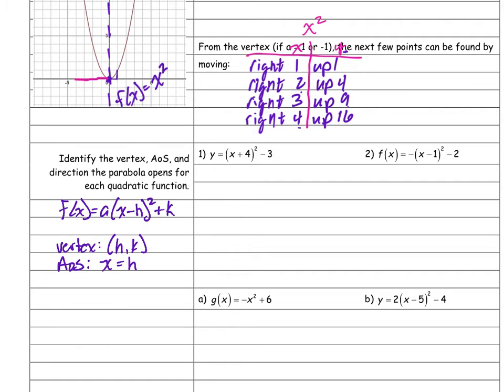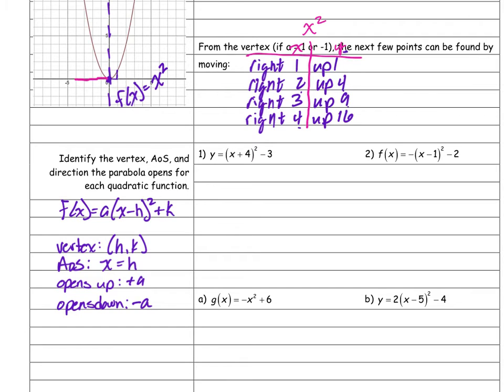And then the direction it opens: up if a is positive, and it opens down if a is negative. Oh, let's write that backwards. Let's write this as a positive a and negative a. If I have a positive a, it opens up, and down if I have a negative a. Okay?